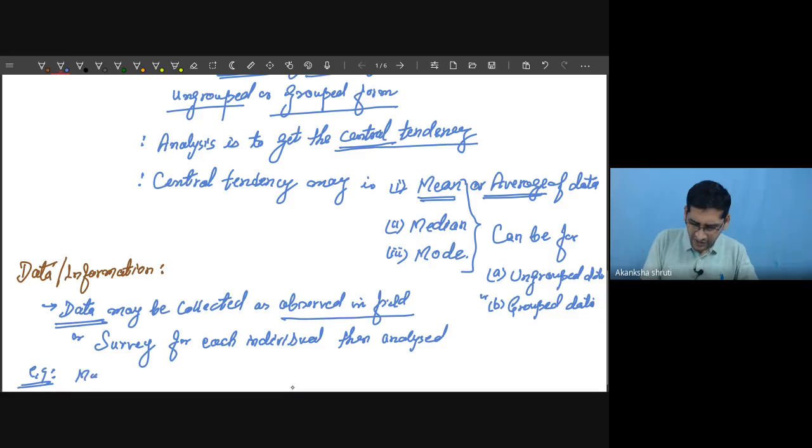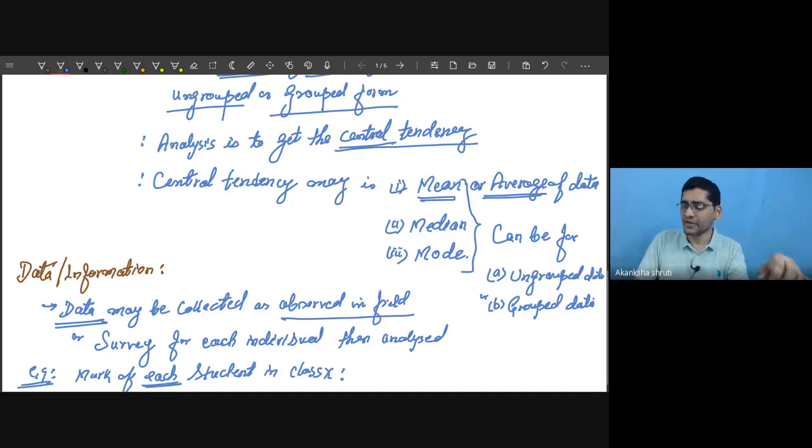Say the marks of each student in class 9th or class 10th that we are observing. Each student has a roll number or name. Example, I'm just taking 12 students.